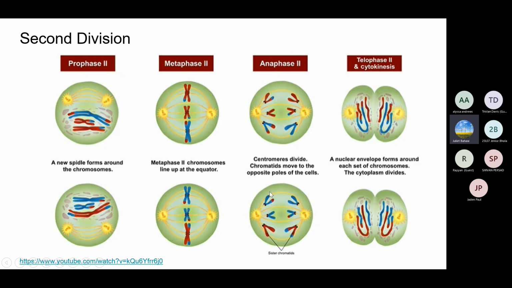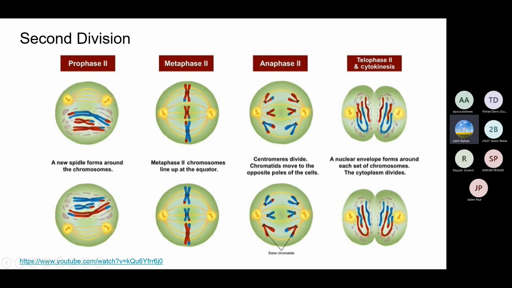But in anaphase, look at what happens. That chromosome structure that you saw has split into two. So you have two in opposite ends. And then you have two in opposite ends. This is where the chromosome has halved. It has halved itself. So you have half the number going on either side. All right, and then in telophase 2, the cell starts to divide.